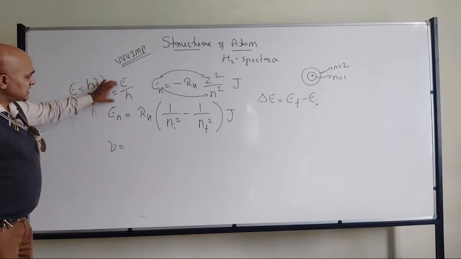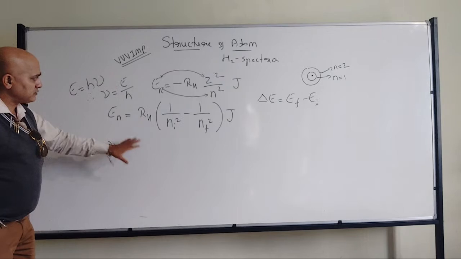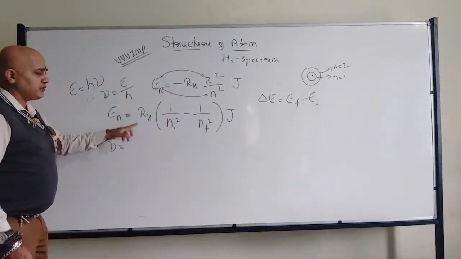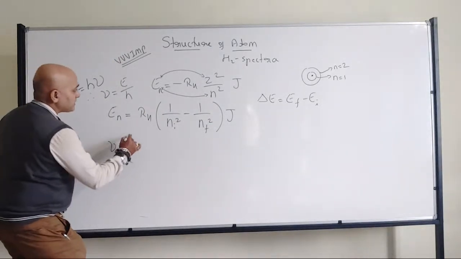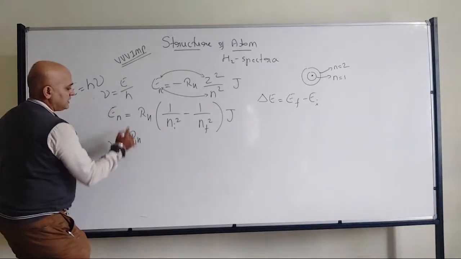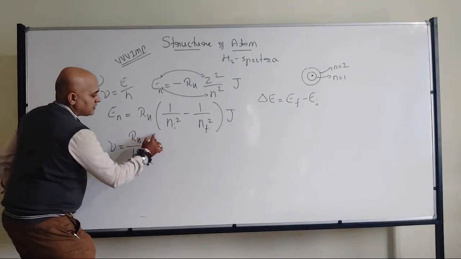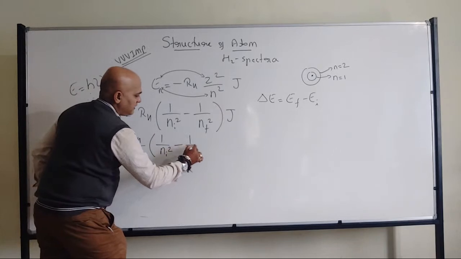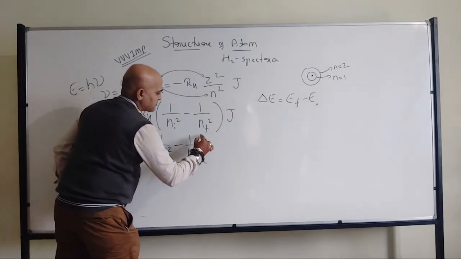So by using this equation, we are going to fill the values. Everything is nothing but E value only, right? So therefore, RH divided by h, rest of the things remain the same, 1 by Ni square minus 1 by Nf square.